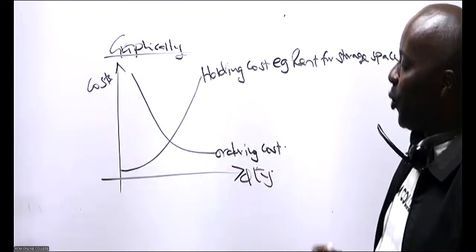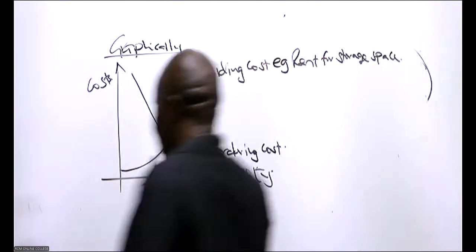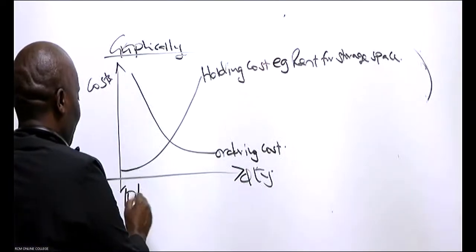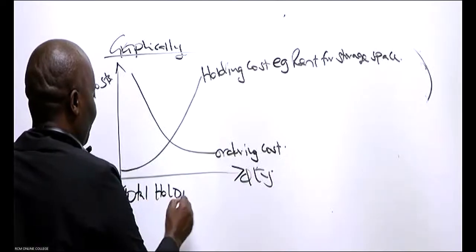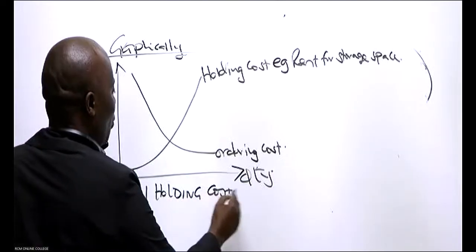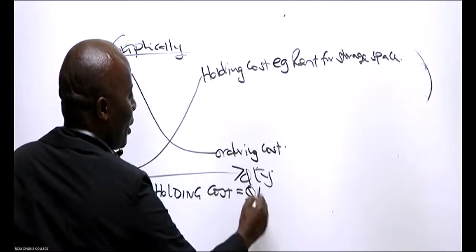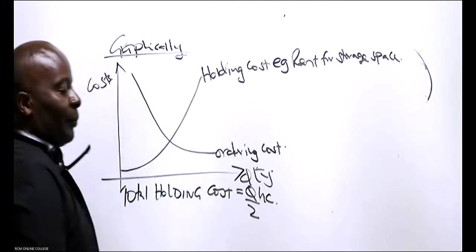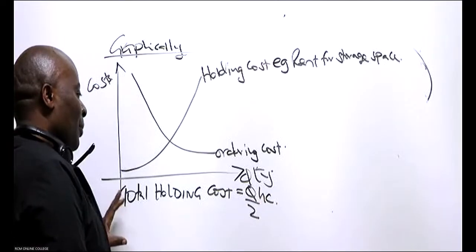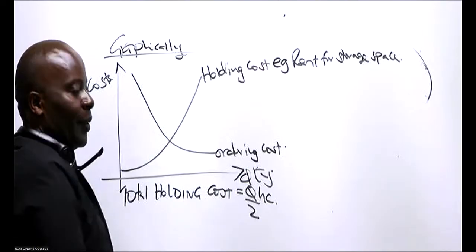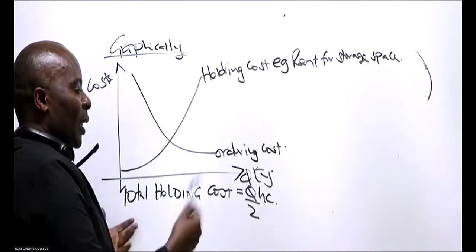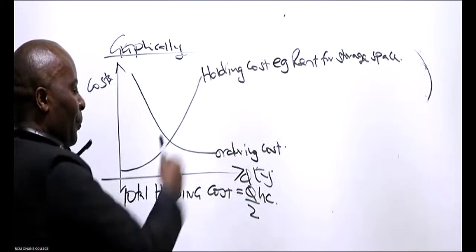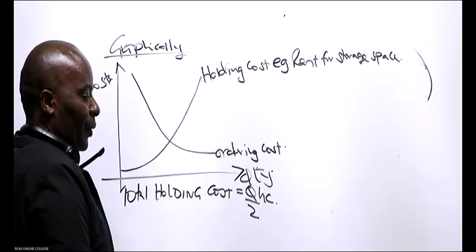Ladies and gentlemen, to get total holding cost, this is the formula we shall be using. Total holding cost. We shall be taking average stock times the HC. Anytime they want us to give them total holding cost, you can see it's a direct expense. The more the quantity, the higher the holding cost.